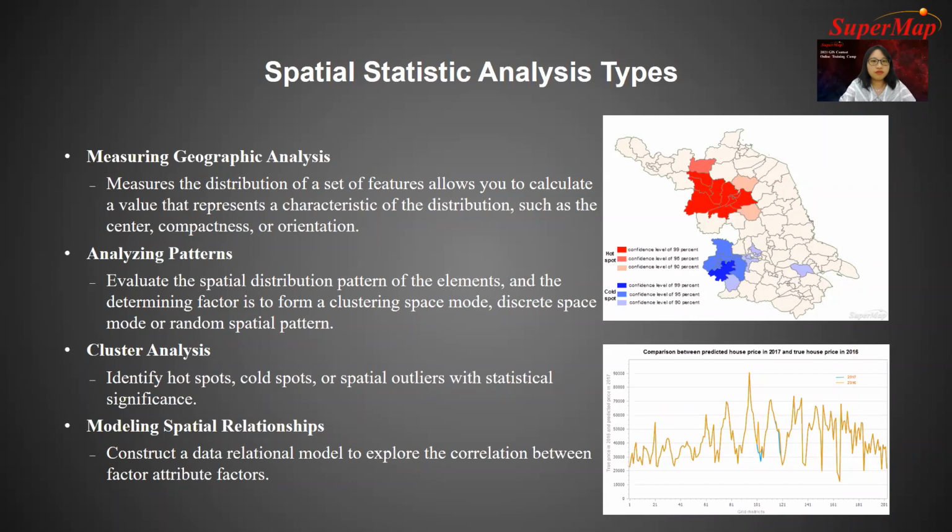There are 4 types of spatial statistic analysis. The first one is measuring geographic distributions. This one allows you to calculate a value from a set of features that represents a characteristic of the distribution, such as the center, compactness, or orientation.